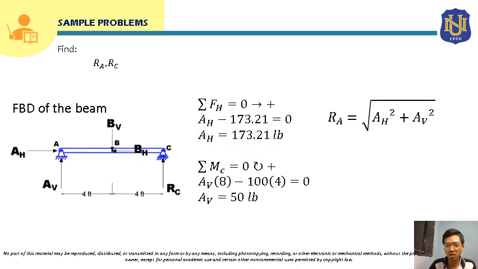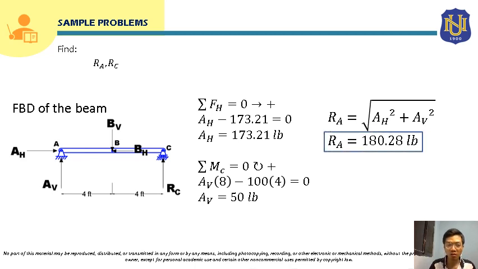That will just be the square root of AH squared plus AV squared. So our RA here will be the square root of 173.21 squared, and it's better if you input all the decimal places that we obtained from AH and AV, plus 50 squared. That will give us 180.28 pound. So this will now be the reaction at A.